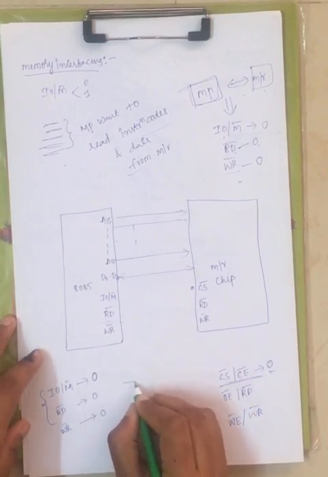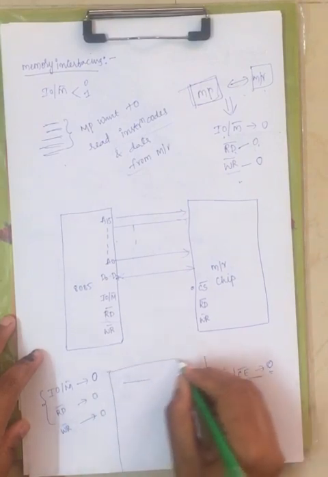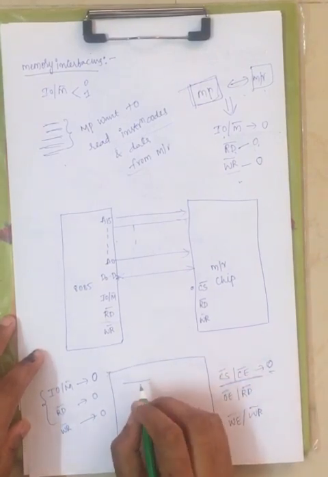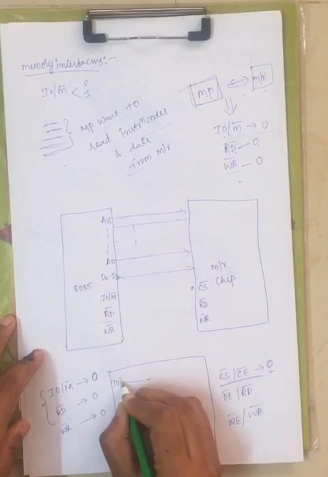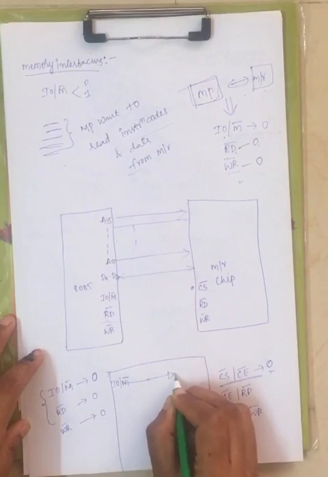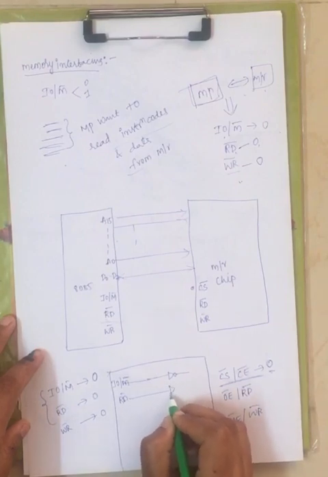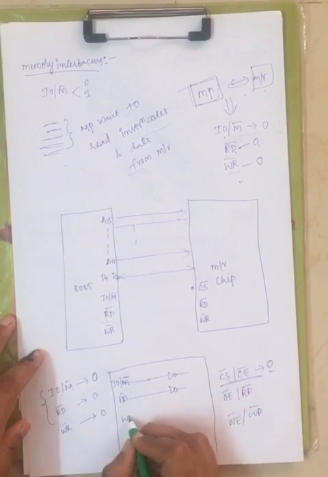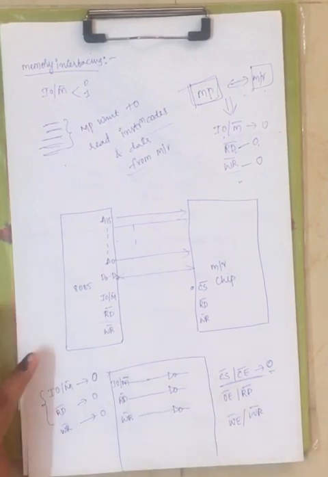I am drawing the circuit here. First we have IO/memory bar, which is buffered. Next we have RD bar, which is also inverted, and next we have WR bar, which is also inverted.